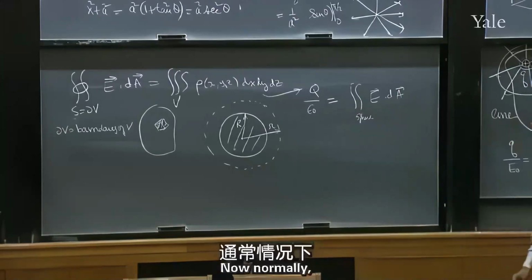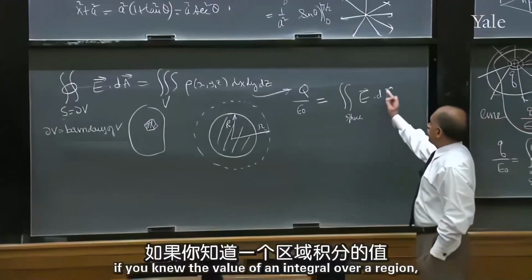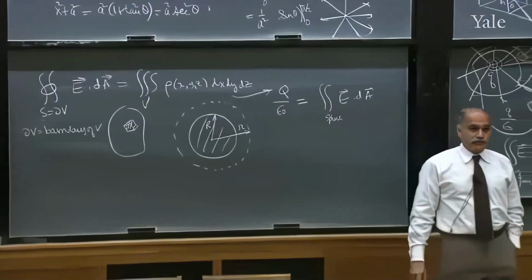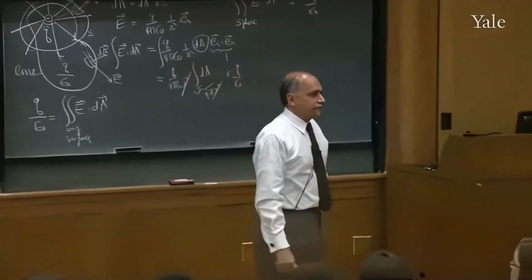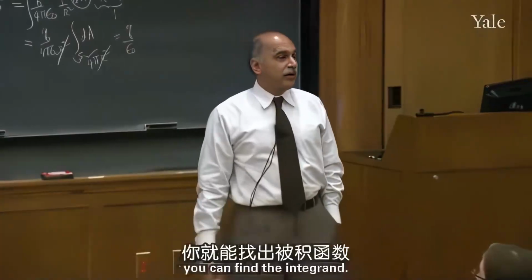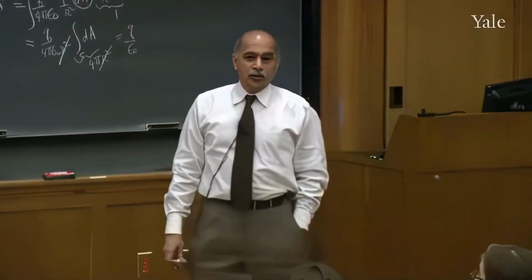Now, normally, if you knew the value of an integral over a region, you cannot deduce anything about the integrand. Unless what? There's one exception where if you know the integral of a function, you can find the integrand. You know when that might be?